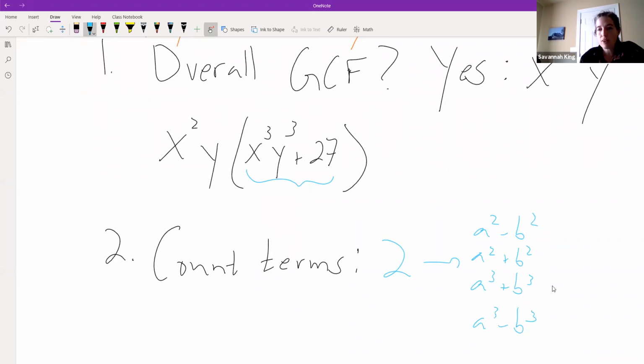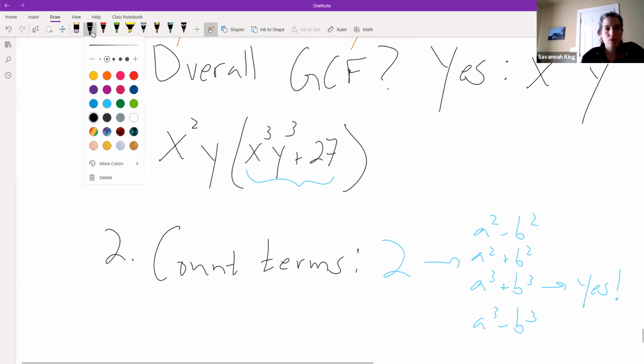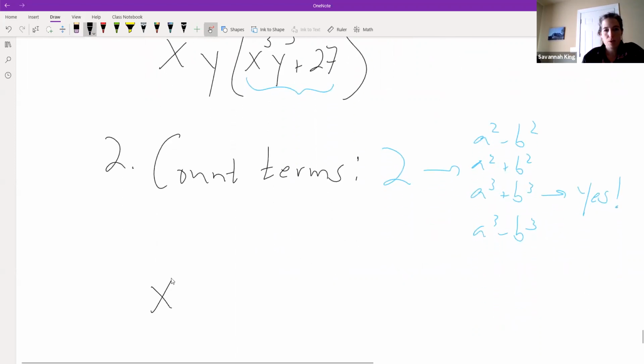And specifically, we have an a cubed plus b cubed. So let me rewrite. They're not going to let us get through today without doing another one of those.